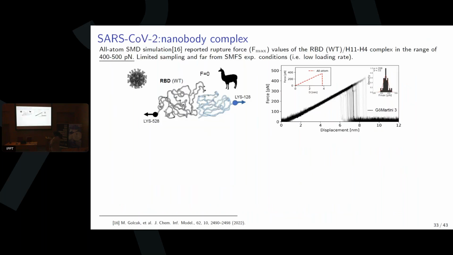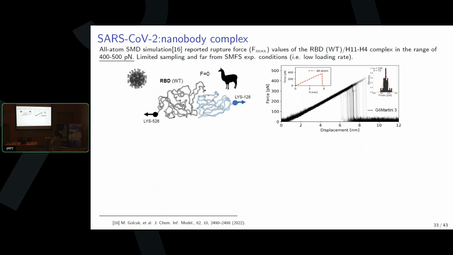Well, the llama is not only a very beautiful animal from my home country, but it has also been used to engineer antibodies, right? So this was a study in the past that used all-atom steered molecular dynamics simulation to look at the mechanical response of a potent nanobody, which responds in the range of piconewtons, right?